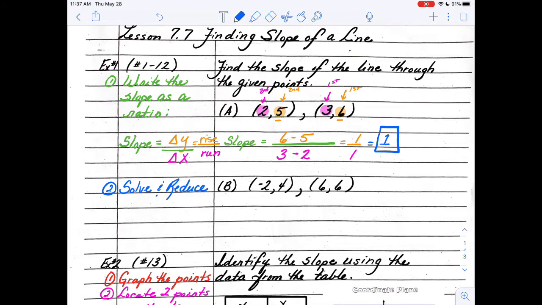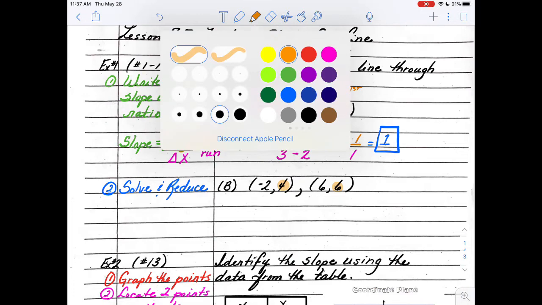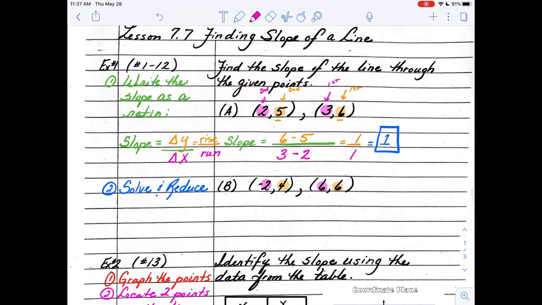So let's go ahead and try this again, doing it with B. Again, we're going to look at our rise over our run, and our rise is our change in y over the run, our change in x. So let's go ahead and find that slope.